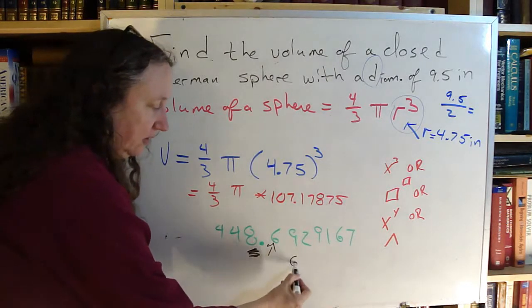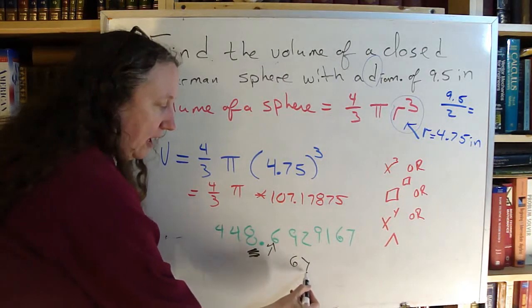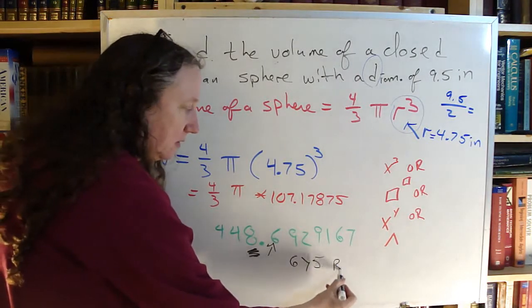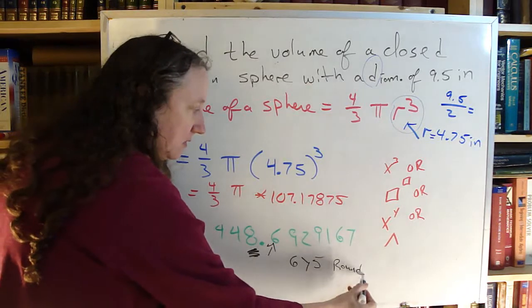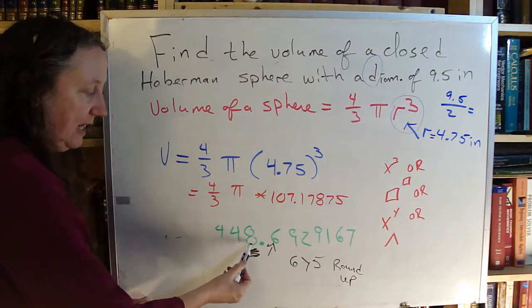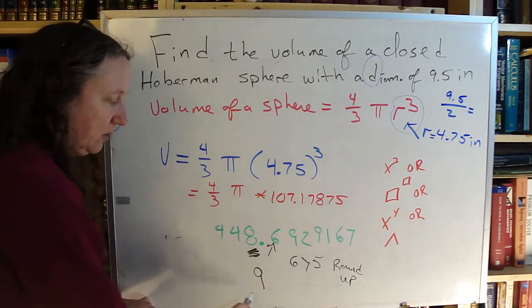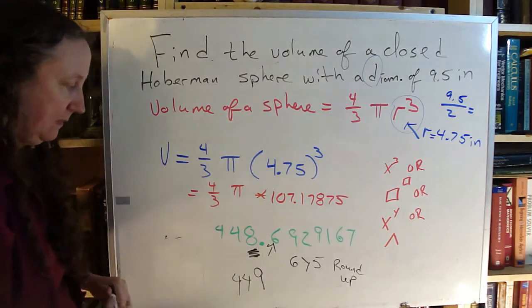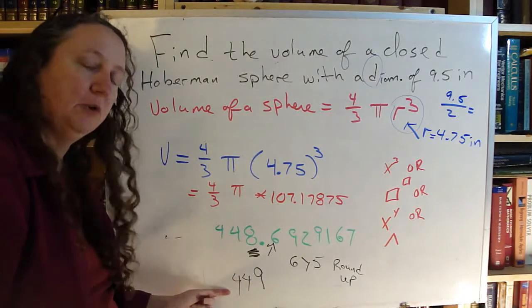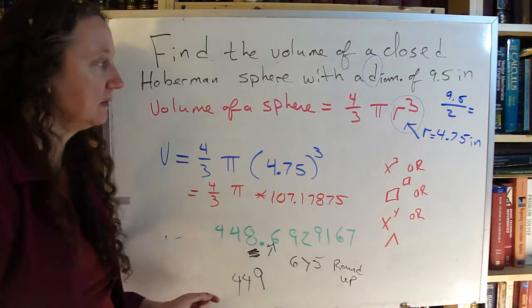The 6 is greater than 5, and that's telling me to round up. So that means that the 8 goes up to a 9. So 448 point whatever becomes 449.